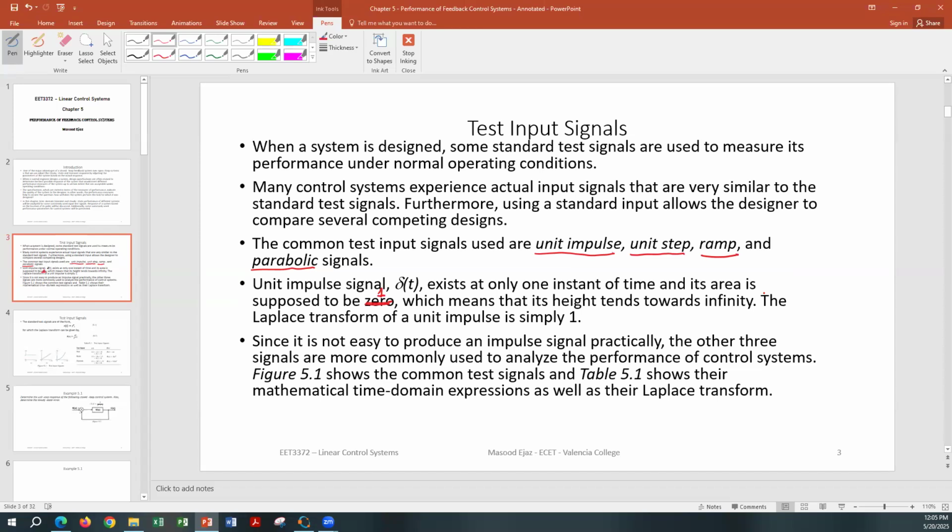Height times width, the area is 1. If you keep squeezing the width and you want the area to still be 1, then you have to keep increasing the height, right? To the point that you want the signal to occur only at one instant of time, and if you still want to keep the area to be 1, then the height of this impulse is going to be infinite. So that's what the impulse signal is.